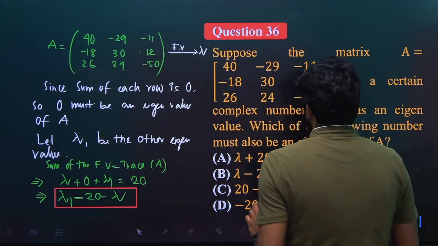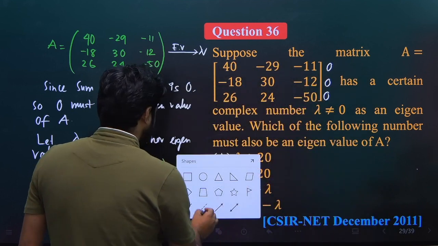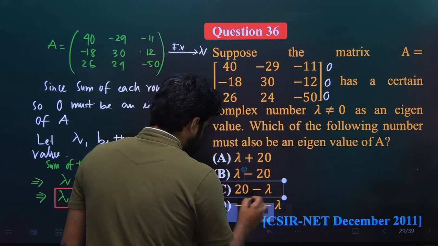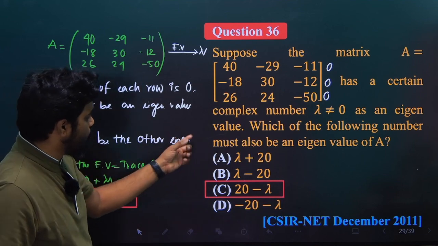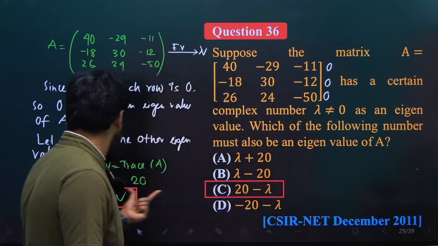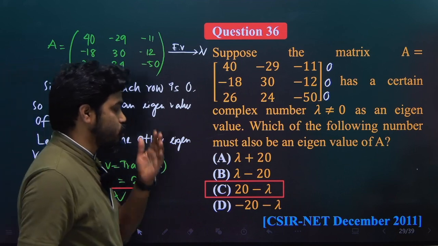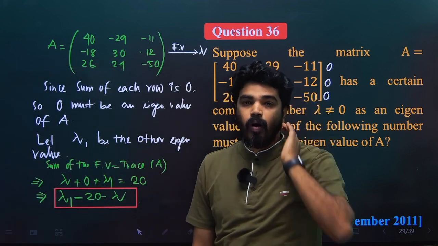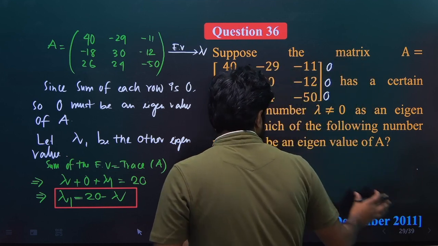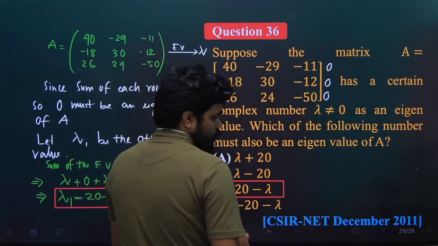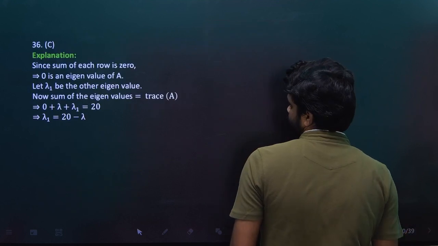So option C is the correct answer. 20 minus lambda will be an eigenvalue of A. This question was asked in CSIR NET 2011. So next example.